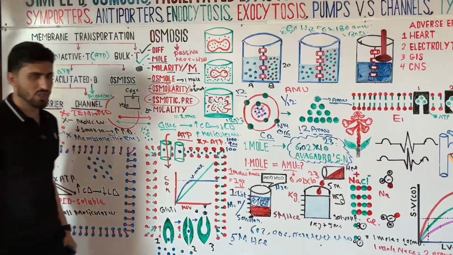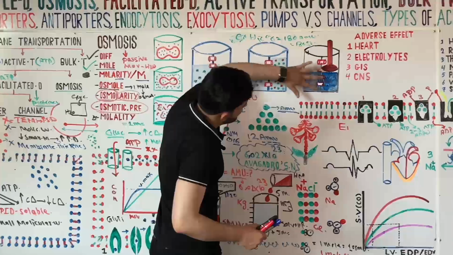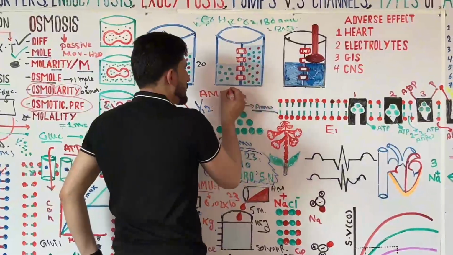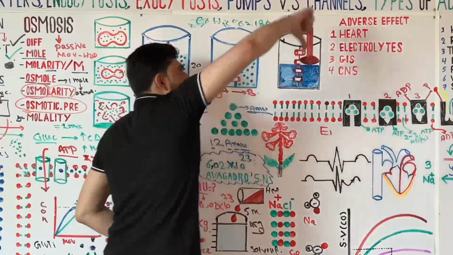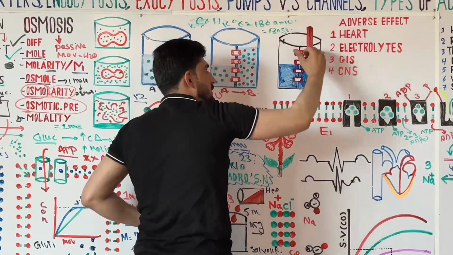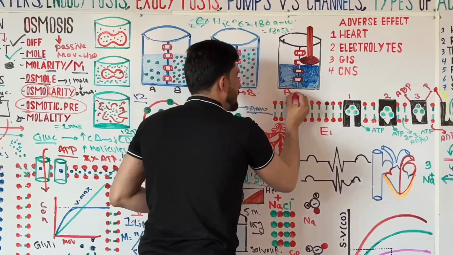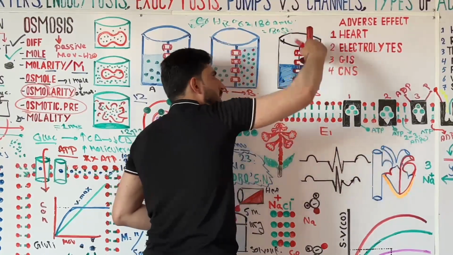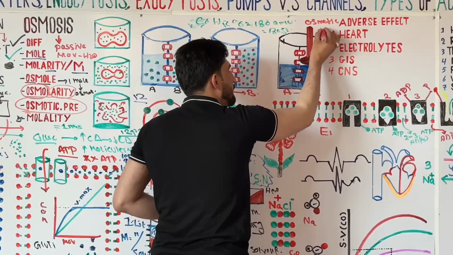What is osmotic pressure? Come here. This water moves in this direction, from direction A to direction B. If I put some pressure here to prevent the movement of water from part A to part B, this pressure is called osmotic pressure.